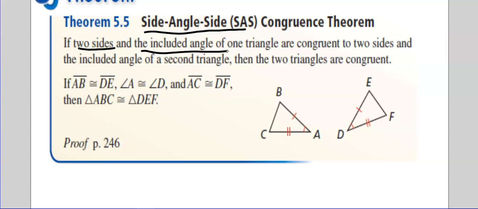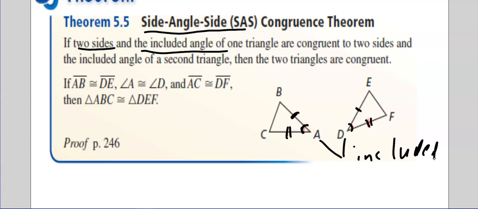So if you look over here, AB, which is marked with this, and AC, which is marked here, form angle A. Over here, line segment ED and FD form this one, angle D. These are the included angles, the ones that are formed by the sides we're mentioning.